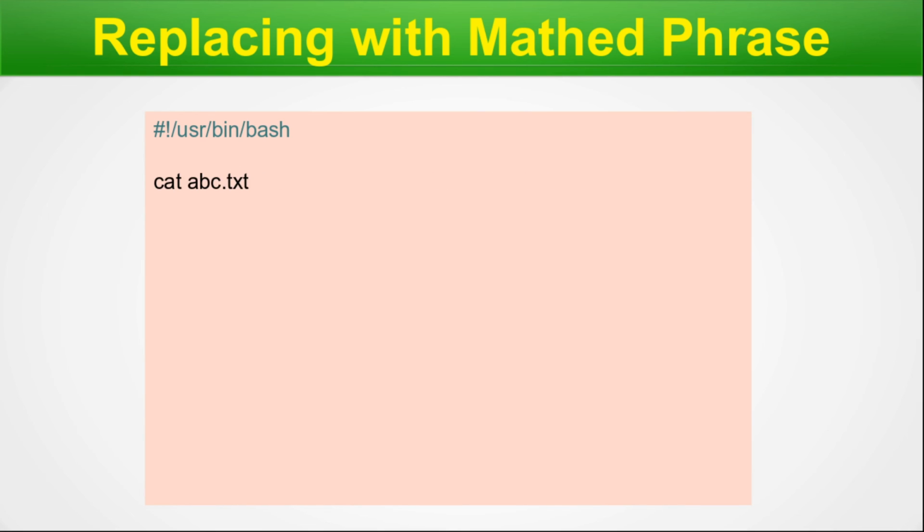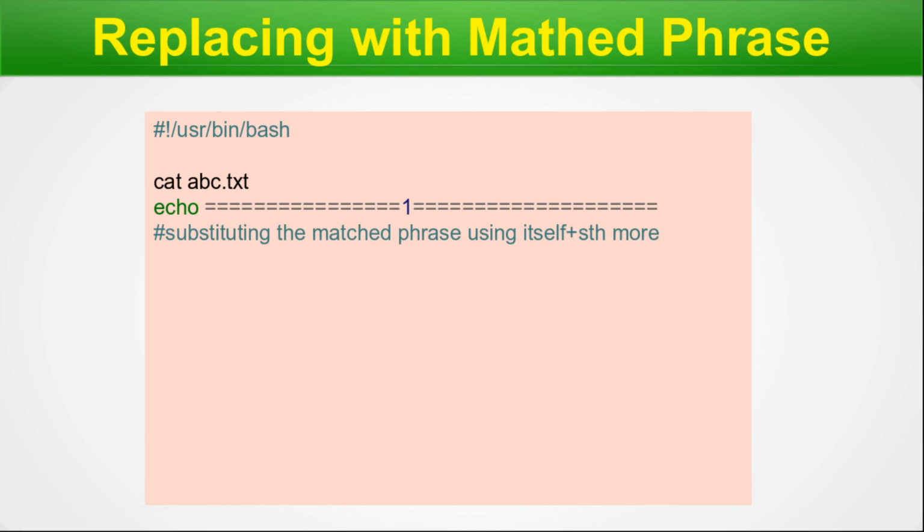Replacing with a matched phrase. We start our script here. We have an abc.txt. First we cat it just to see the content. Then we echo our first separator, substituting the matched phrase with itself plus something more.